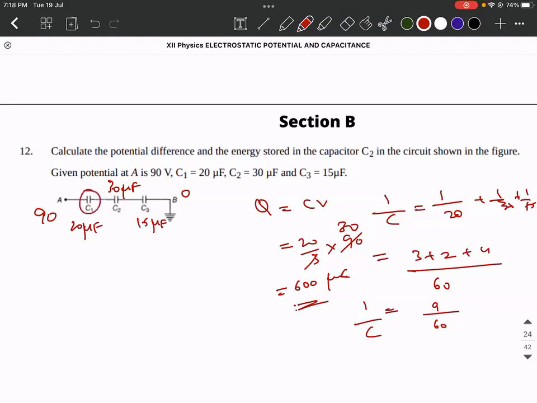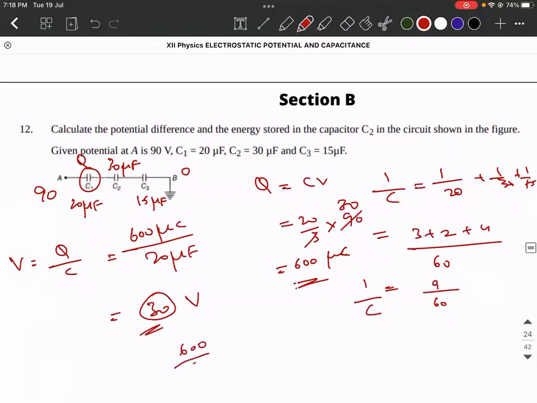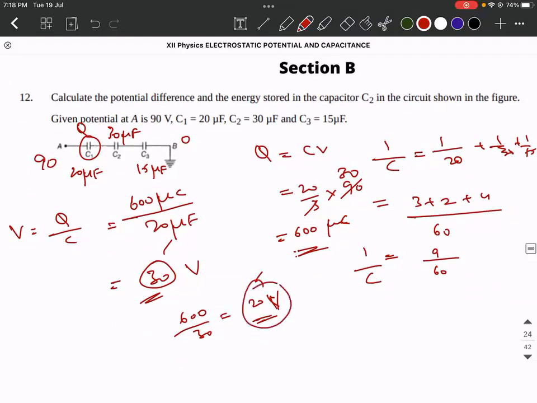V is equal to Q divided by C. For C2, 600 by 30 is 20 volt. For C1, 600 by 20 is 30 volt, and the remaining is 40 volt, which is 600 by 15. So the answer is 20 volt.